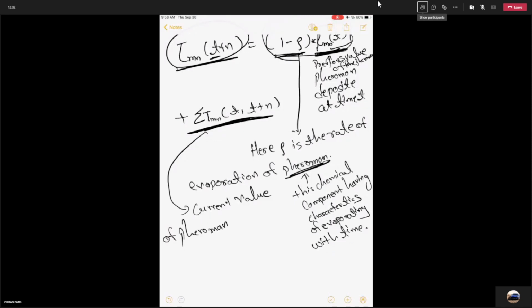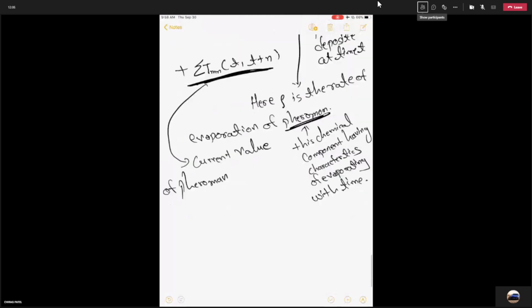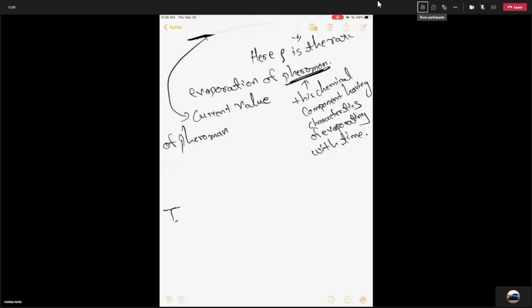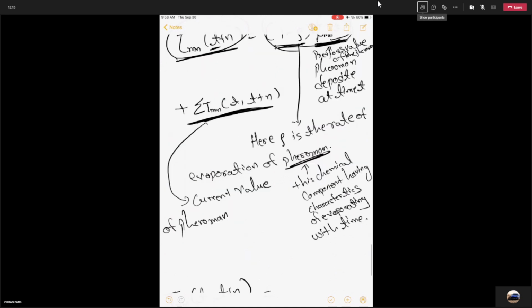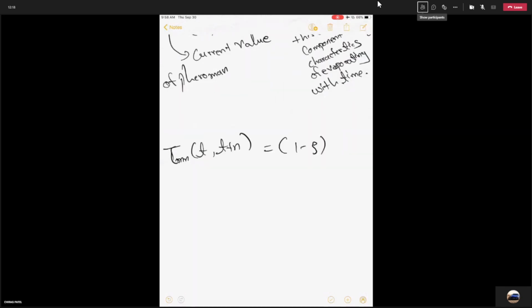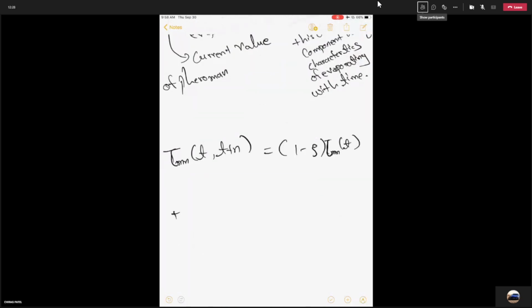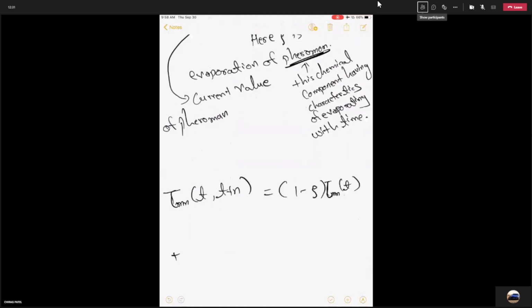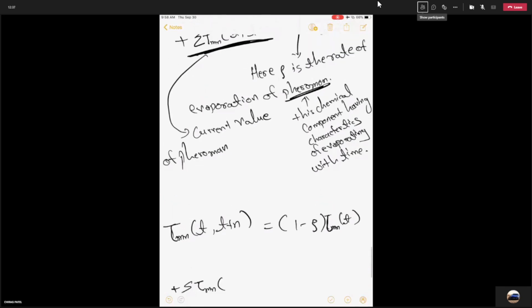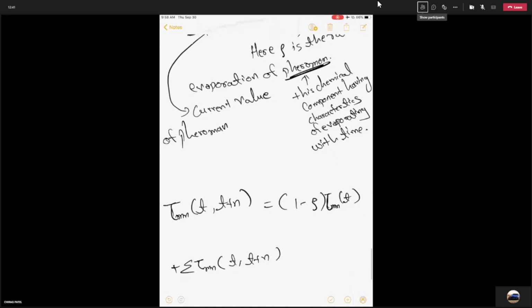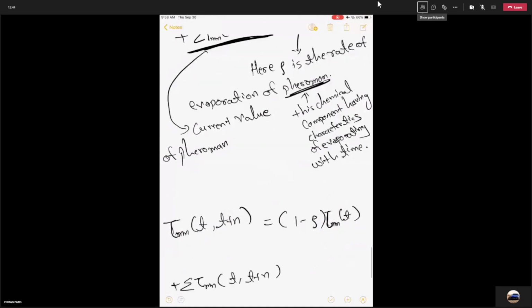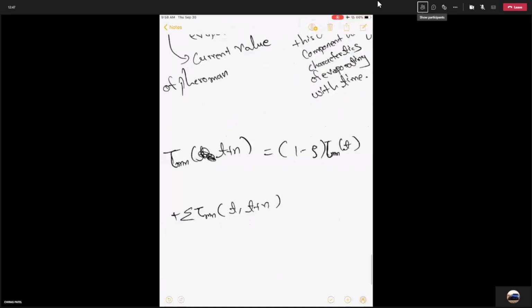And if we write the complete equation properly: tau mn of t comma t plus n equals 1 minus rho times tau mn of t plus the newly deposited amount.